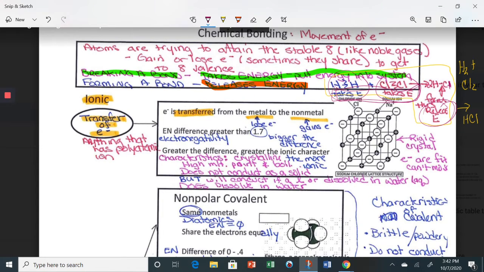Okay, so now we have one situation where we transfer the electron. The electron moves from the metal to the non-metal. So if you see a metal, you always ask what makes it.